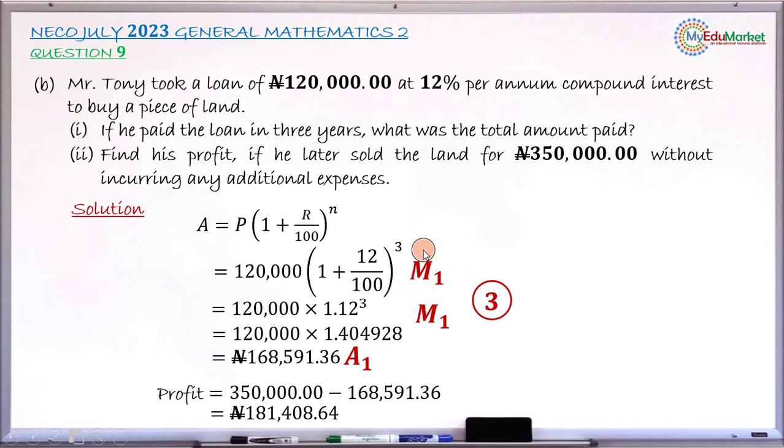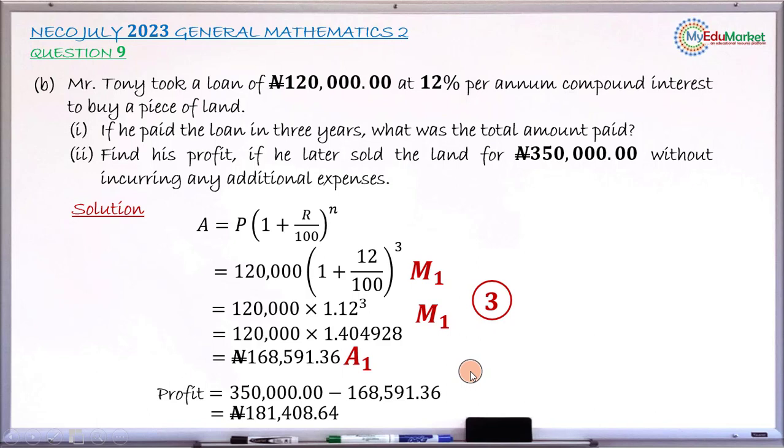The next mark is for simplifying this in an attempt to get the final result. You have this method 1 mark. And when you have the final amount as 168,591.36 kobo, you have this accuracy 1 mark. So Roman 1 has 3 good marks.